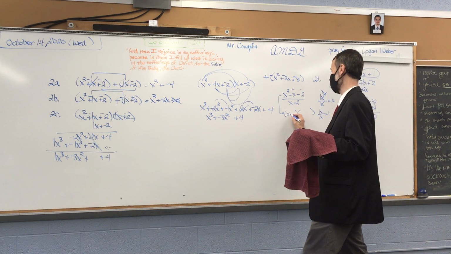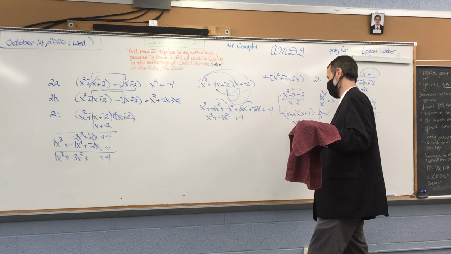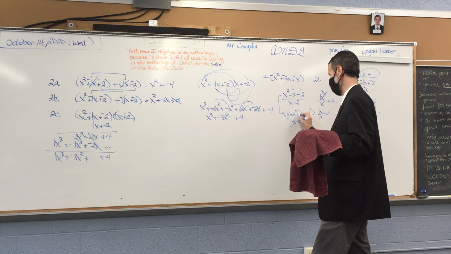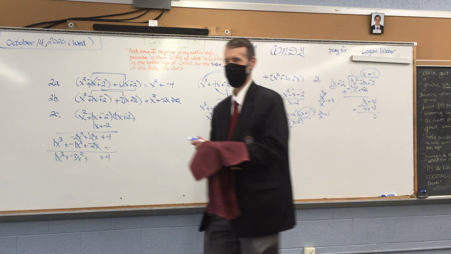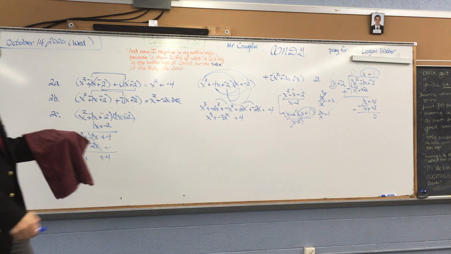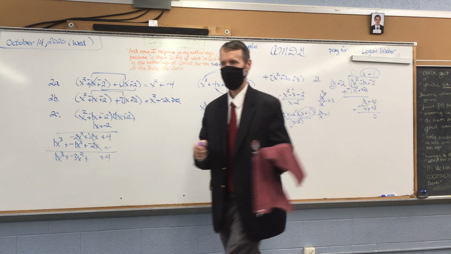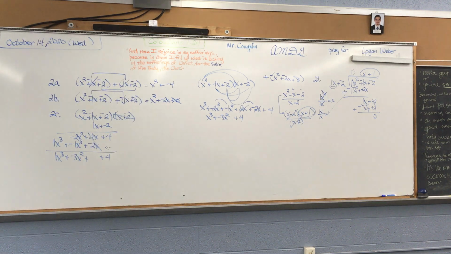This factors into x minus 2, x plus 1. And then if the bottom is already x minus 2, bam, you're done. Questions? What's the answer? The answer is x plus 1, the thing I circled here. Okay? Everybody good? All right, number 2 is done.